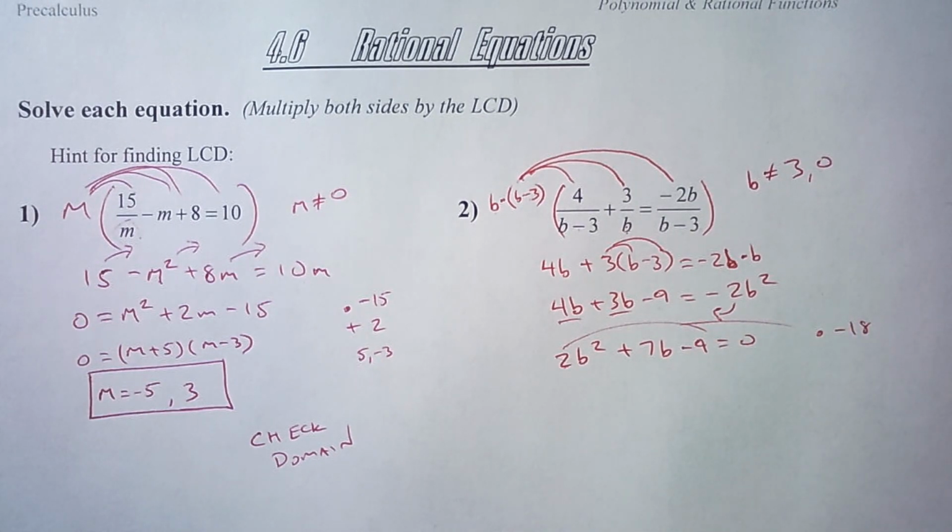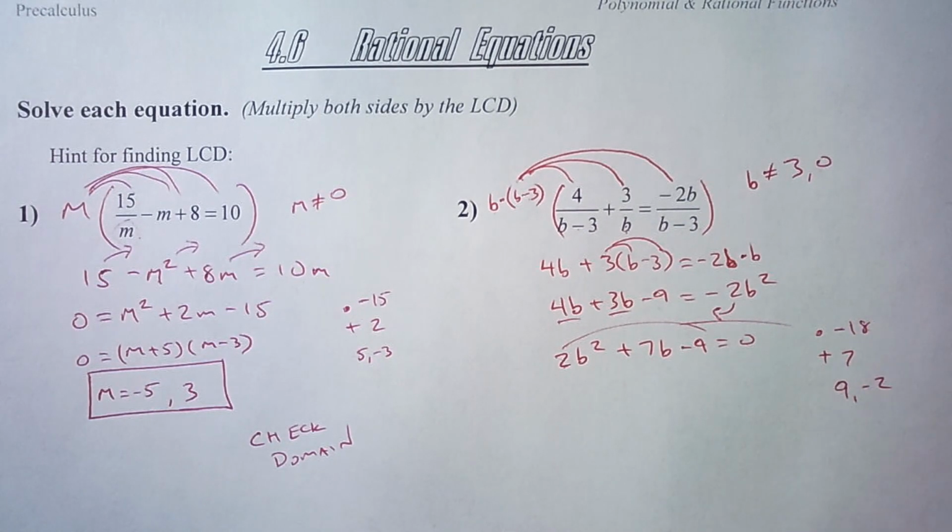So I need two numbers that multiply to -18 and add up to 7. Okay, so if I can find any numbers that multiply to 18, how about 2 and 9? 2 times 9. Can I make one of those negative, so it multiplies to a negative and adds to 7? How about 9 and -2? 9 times -2 is -18. 9 plus -2 is 7.